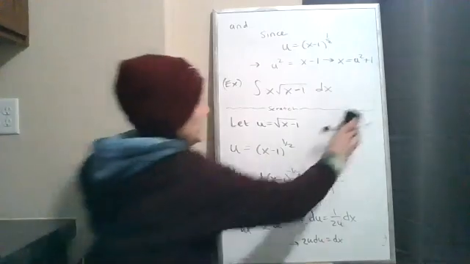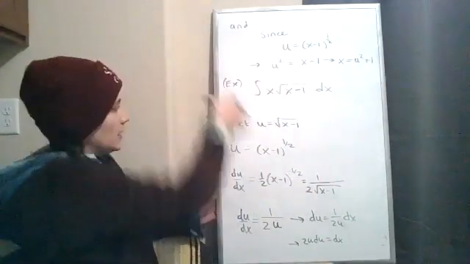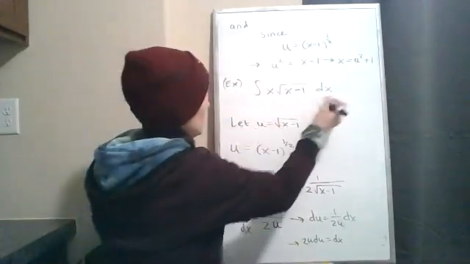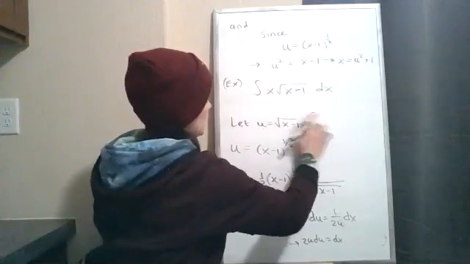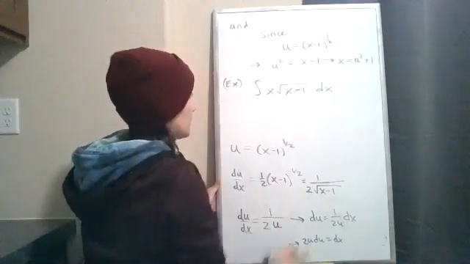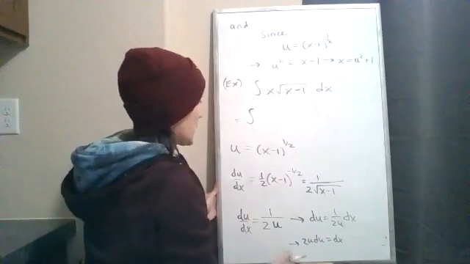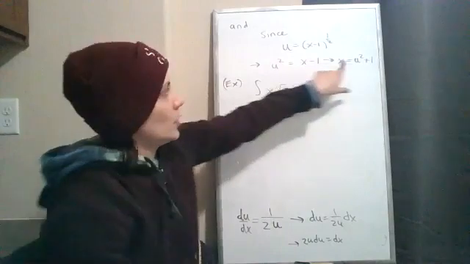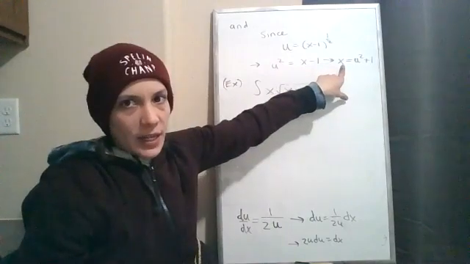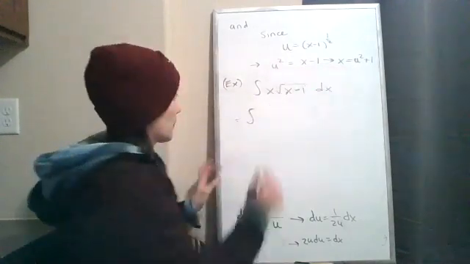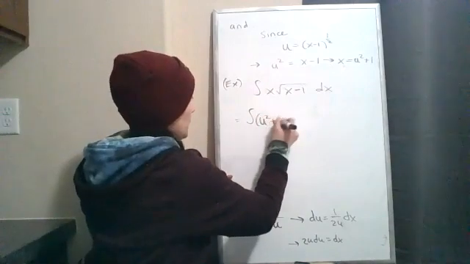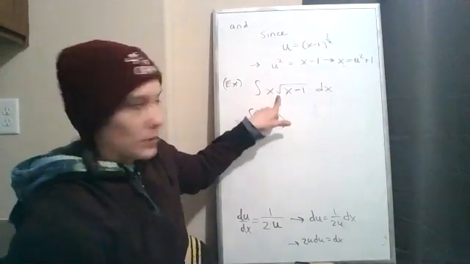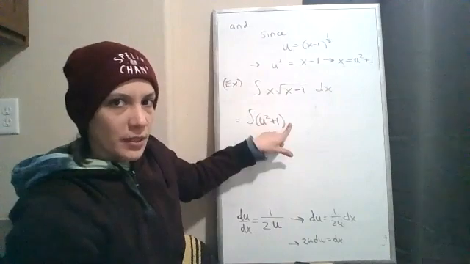So what we're doing is u again. We did some side work to get a value for x, u squared plus 1. We started with choosing the root of x minus 1 to be u.